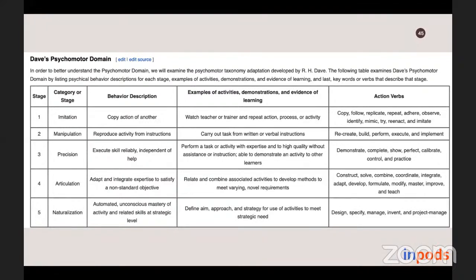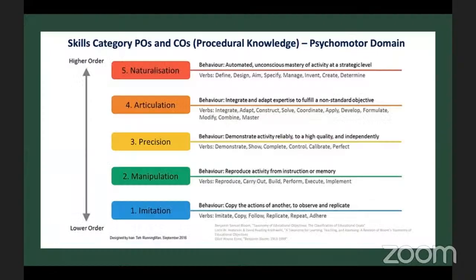They had done cognitive domain and the affective domain, but they had not done the psychomotor domain, which was added later by many education researchers like Dr. Dave, and then these three taxonomies became a complete body of research on education theory.